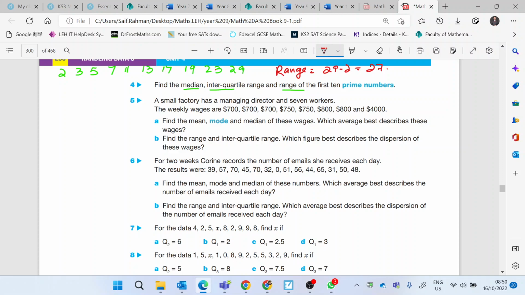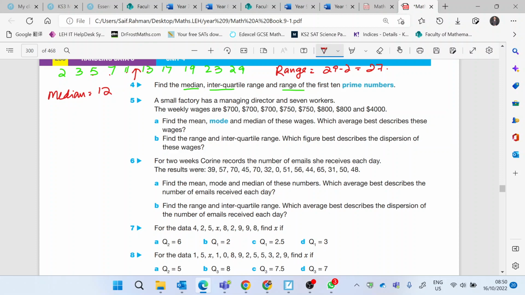Okay, 1, 2, 3, 4, 5 this way, 1, 2, 3, 4, 5 this way, the middle ones are 11 and 13. So the average of 11 and 13 is 12. So the median is 12. The interquartile range, in the same way, you have to find, right? With the same formula which we have discussed before.